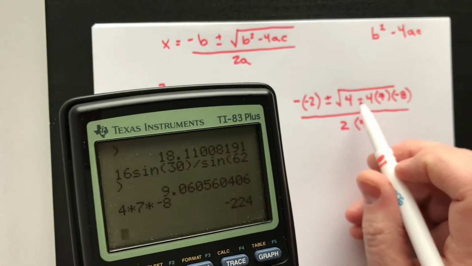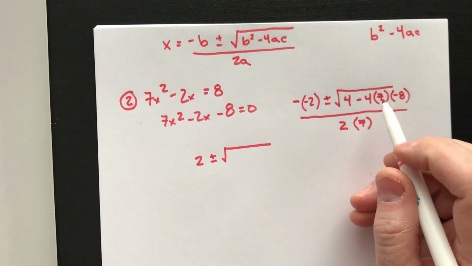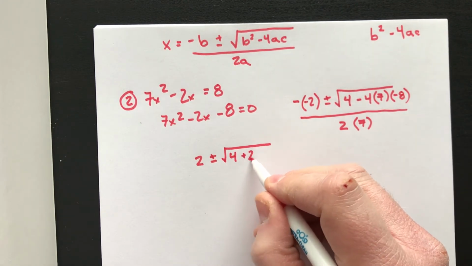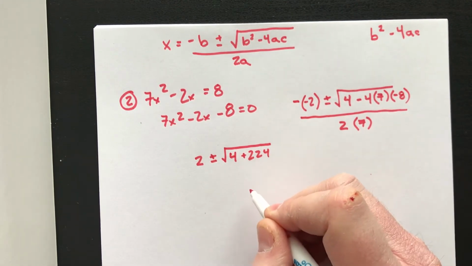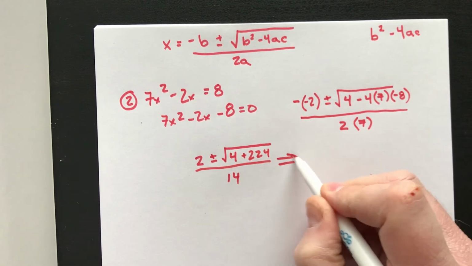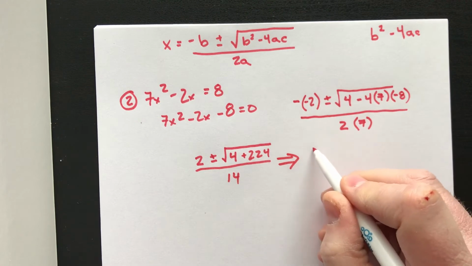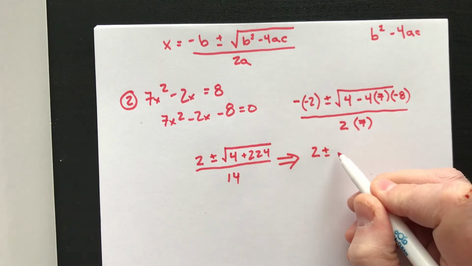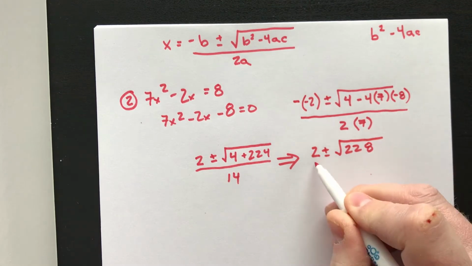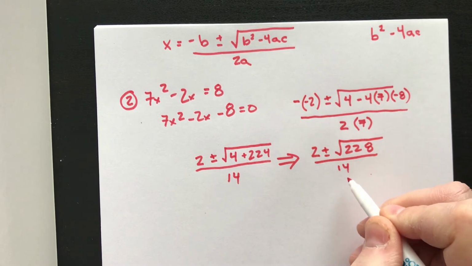But remember, it's a negative of a -224. So this is actually 4 plus 224, okay? All over 14. All right, so then this is 2 plus or minus the square root of 228 all over 14.